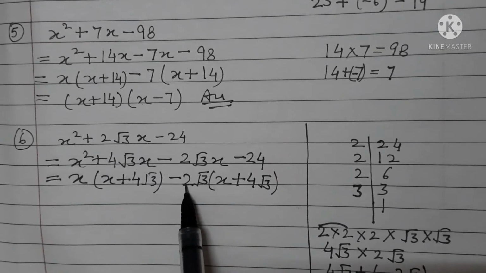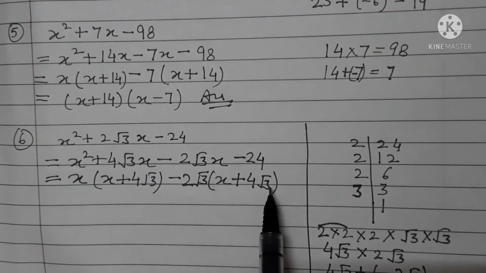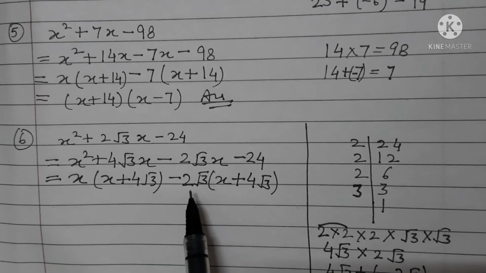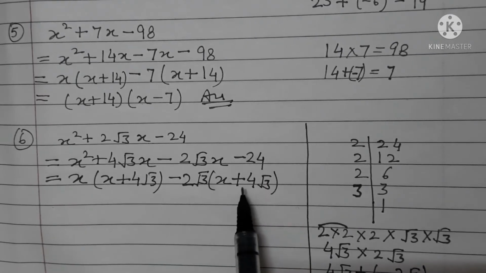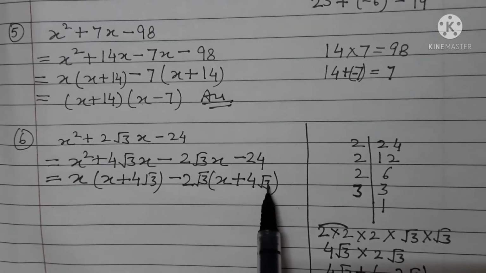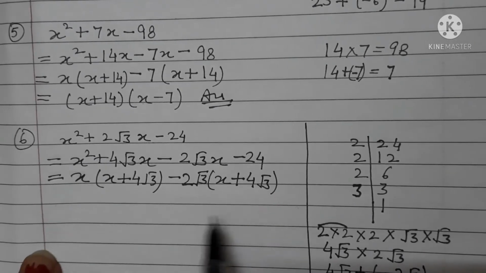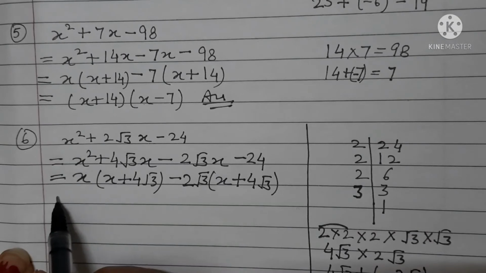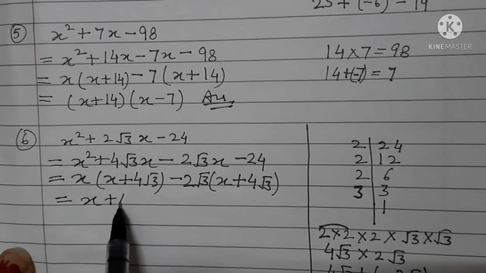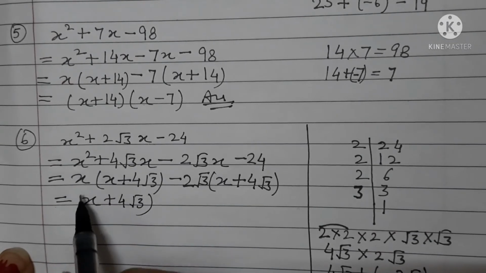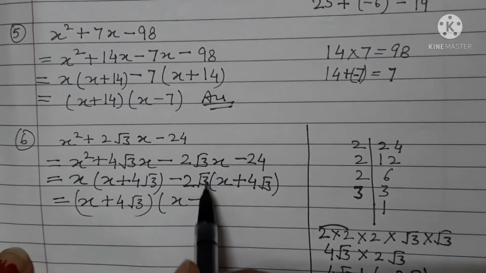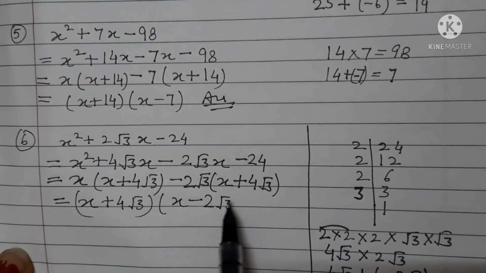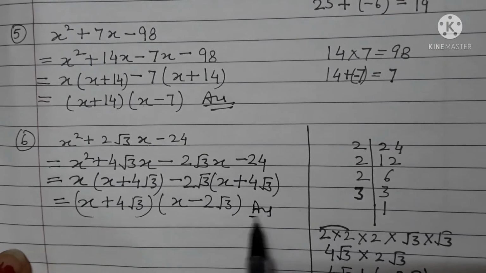Multiply these two: 2 4s are 8 and root 3 into root 3 means 3, so 8 3s are 24. So in the bracket x plus root 3 will remain. Now take x plus 4 root 3 common, and here x only, and minus 2 root 3. Answer.